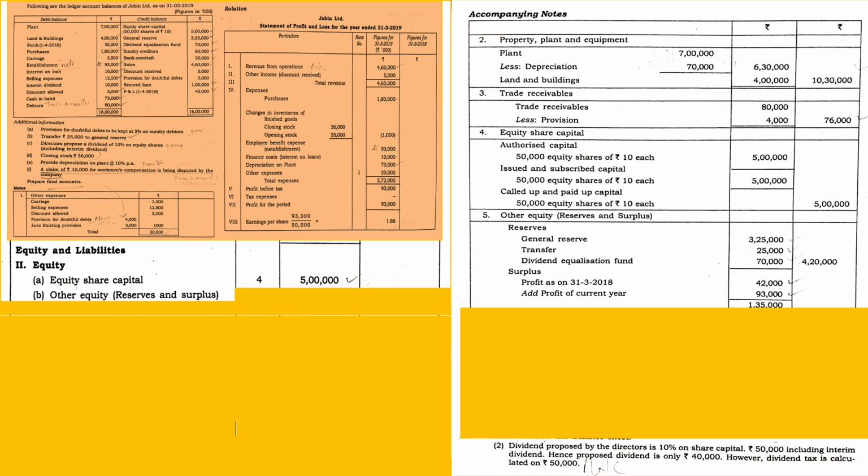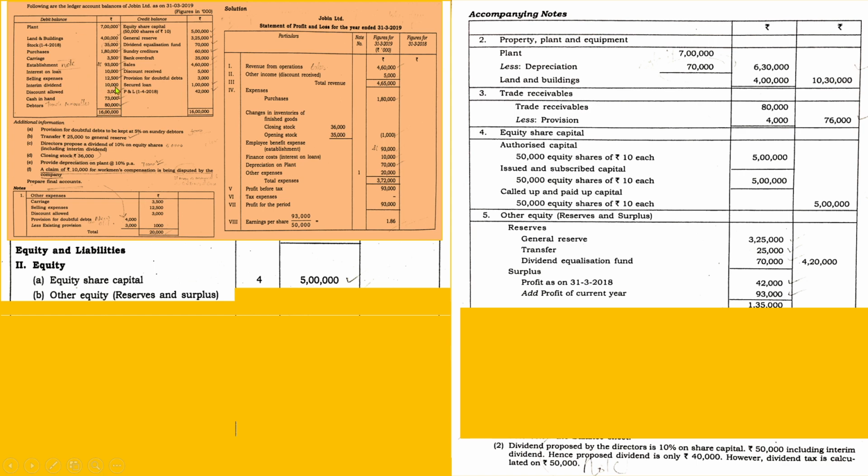But in the adjustment it is mentioned that directors propose a dividend of 10% on equity shares including interim dividend. So first of all find the 10% of 5 lakhs. 10% of 5 lakhs is 50,000. That 50,000 includes the interim dividend amount also. So go through the question whether there is interim dividend given or not. See, interim dividend 10,000 is given.